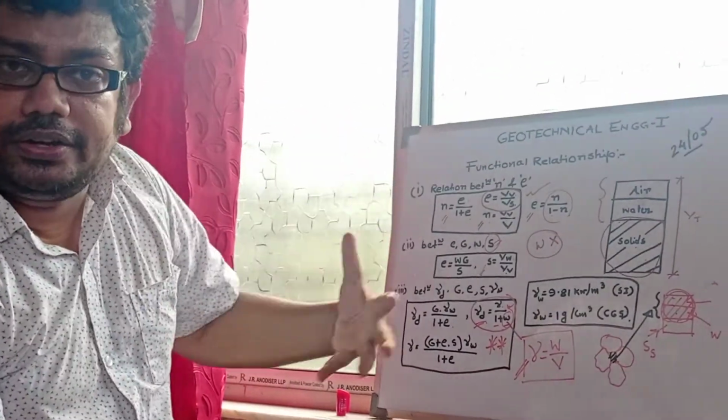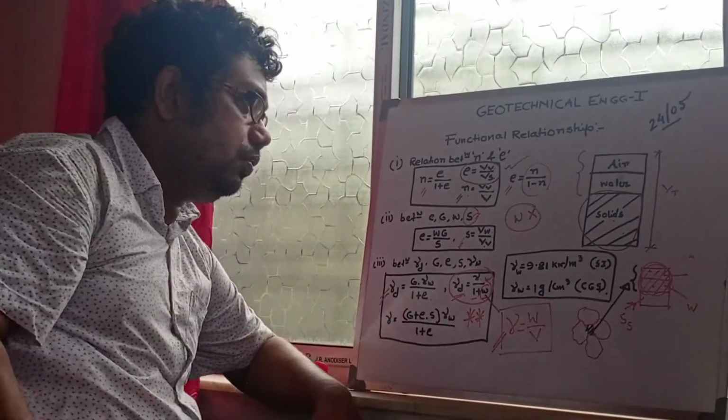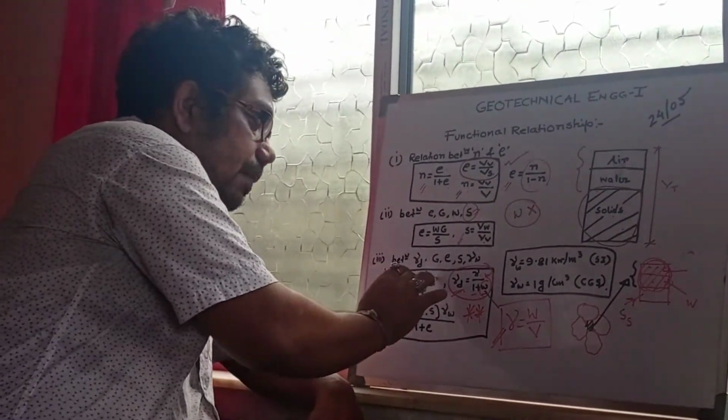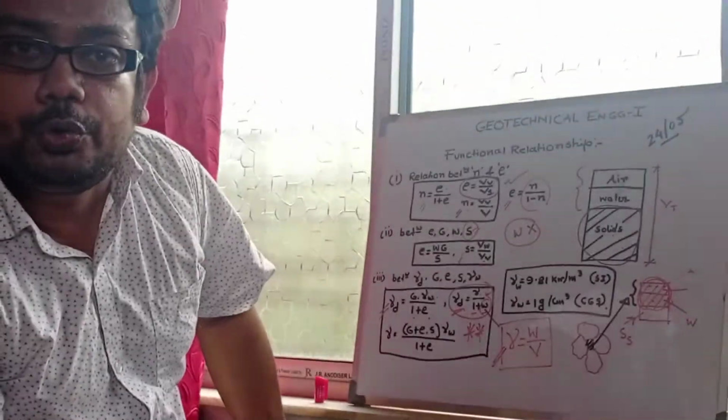So what are the alternatives we have? Then we have to use this formula to find out gamma d. You can see G, gamma w, over 1 plus e. What is gamma w? Gamma w is the unit weight of water.